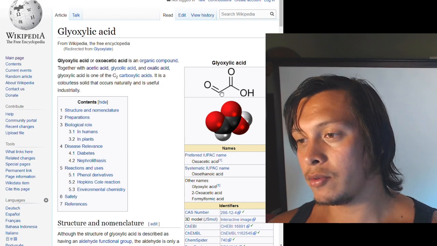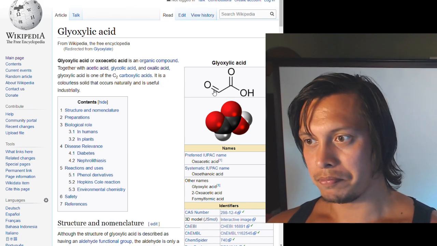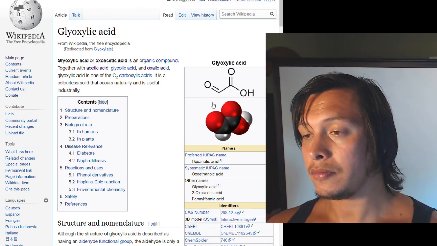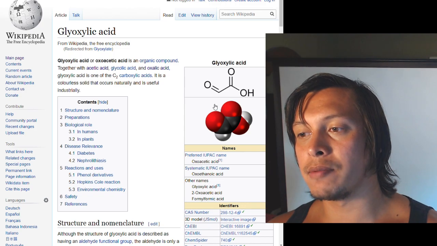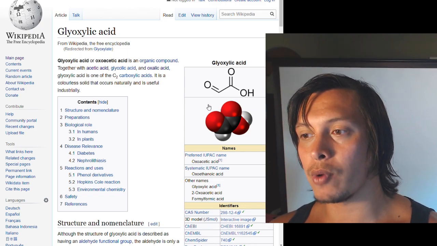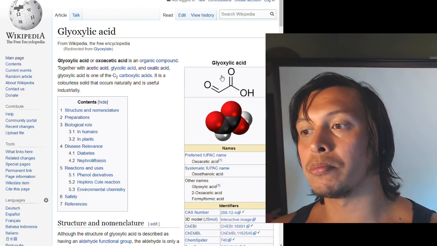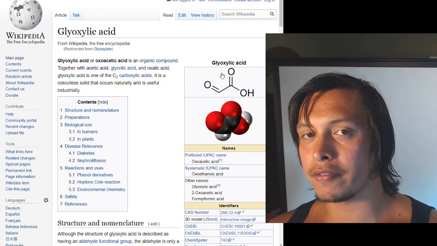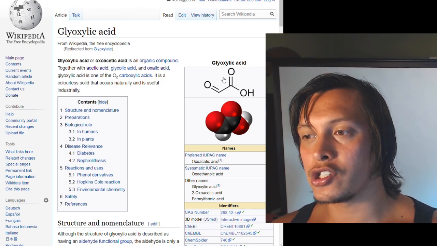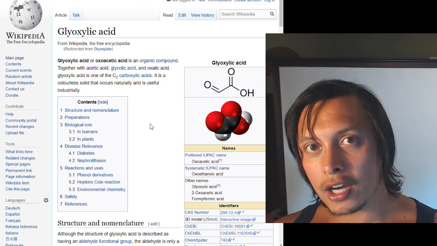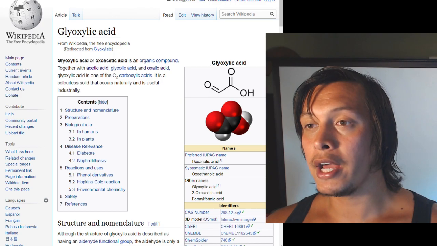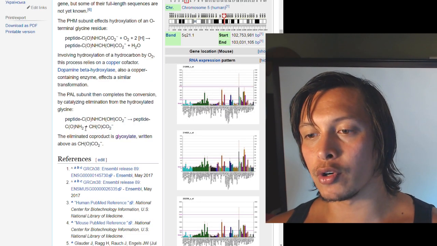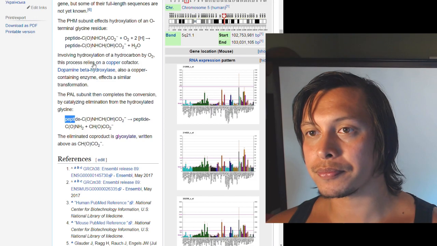Glycine, rather than having this double bonded oxygen here, originally had two hydrogens, and it had this amino group attached to it as well. But then the monooxygenase came along and added the hydroxy group here, and then another part of the enzyme ended up using this oxygen to kick off the amino group, or the amide group. And so this leaves the amide group on the rest of the peptide.